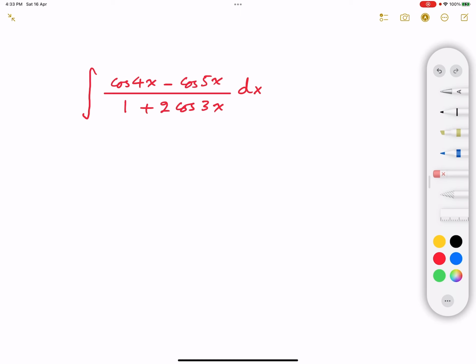First of all, I will start by multiplying the numerator and the denominator by sine 3x, and let's see what happens.